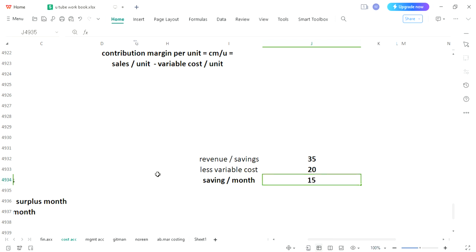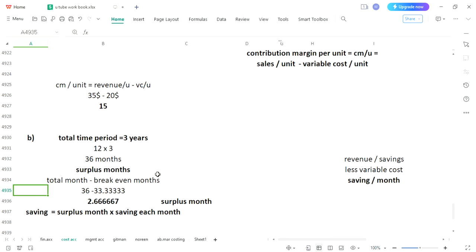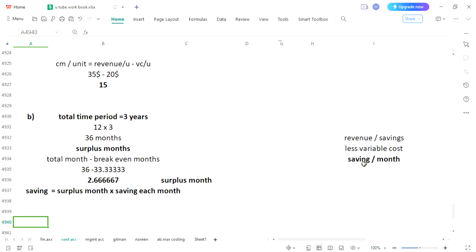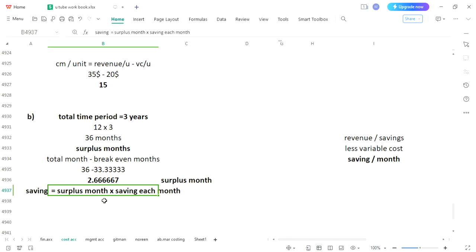This we have already discussed. The contribution margin, which was calculated above. Look over here, revenues minus variable cost, 15. The same way we have determined that each month he would be saving $15. How many surplus months? 2.667. 2.6666, as many times as you can write, just write down.